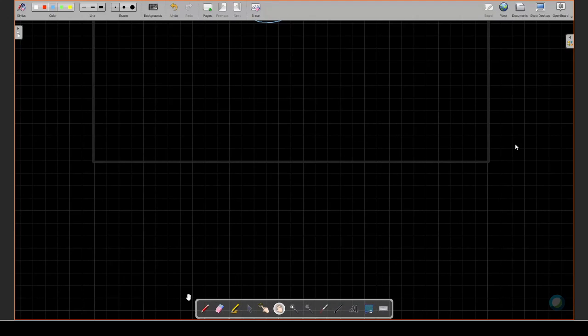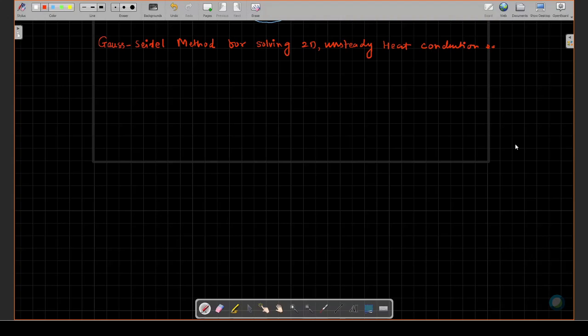So with this, we would like to go for the Gauss-Seidel method for solving the 2D unsteady heat conduction equation using the BTCS scheme.